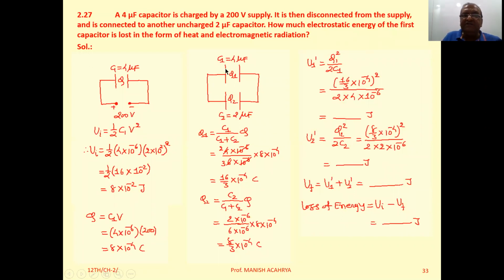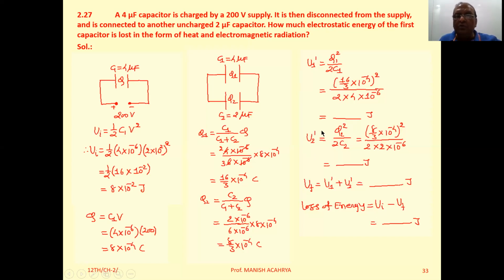Now energy stored in capacitor C1, U1 dash, that is equal to Q1 square upon 2C1. Q1 we calculated 16 by 3 into 10 raised to minus 4, take square of it, upon 2 C1, that is 4 into 10 raised to minus 6. Solve this one, you will get energy stored in capacitor C1.